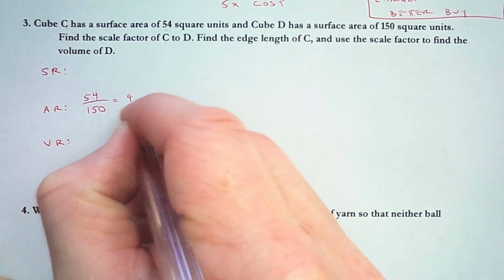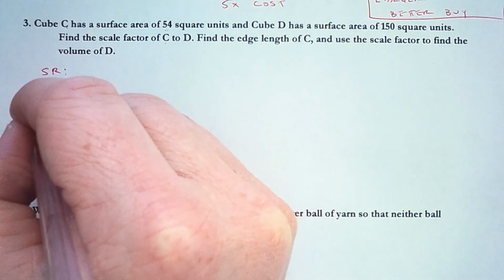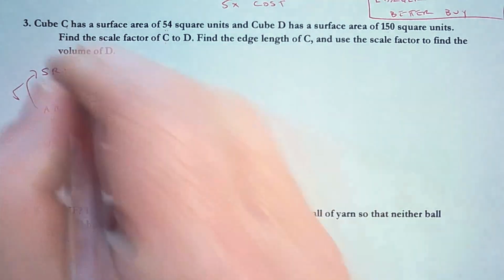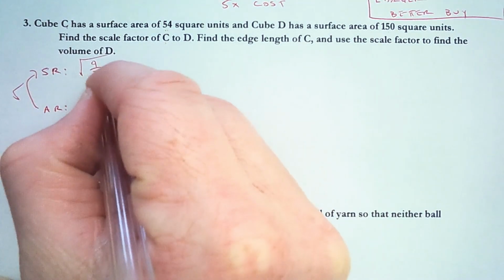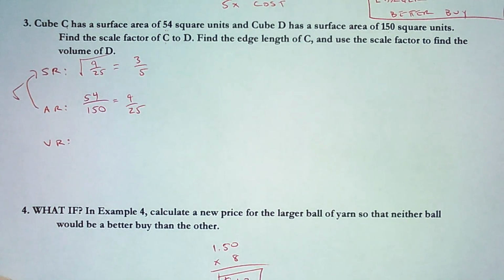So this simplifies to 9 over 25. Now let's turn that into a similarity ratio. We can do that by taking the square root. So the square root of 9 over 25, and that is 3 over 5. So the similarity ratio is 3 over 5.